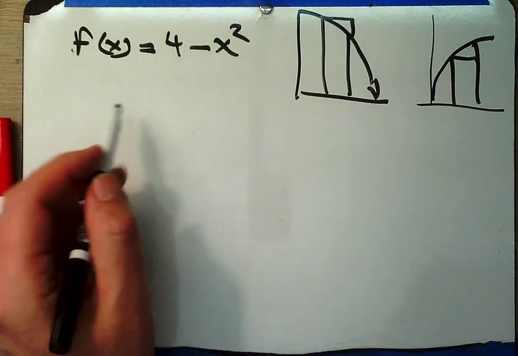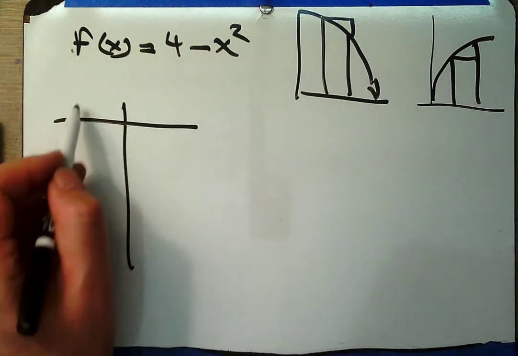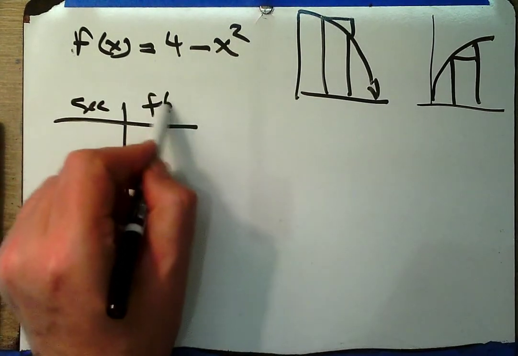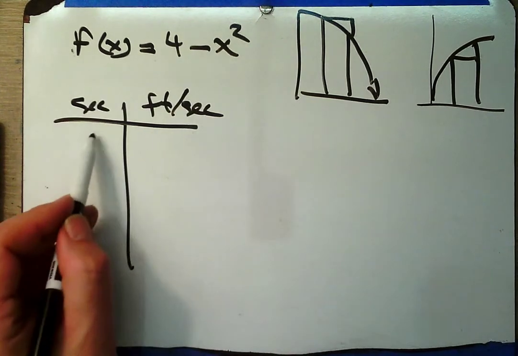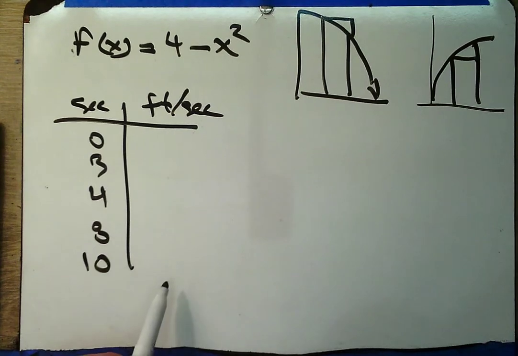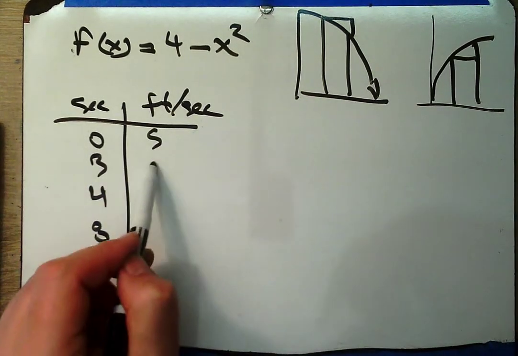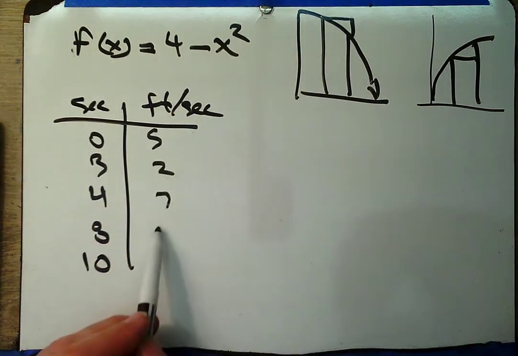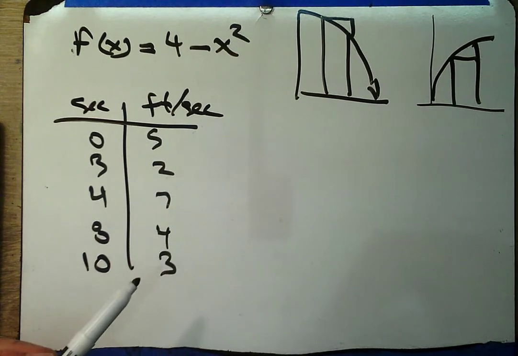How about you do this one? Let's have seconds and feet per second. Times: 0, 3, 4, 8, 10. Velocities: 5, 2, 7, 4, 3.